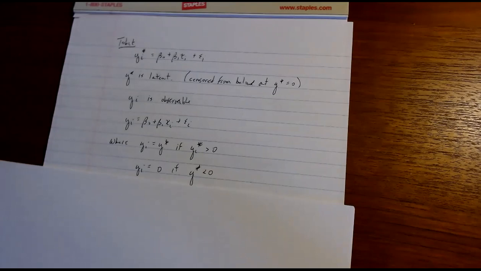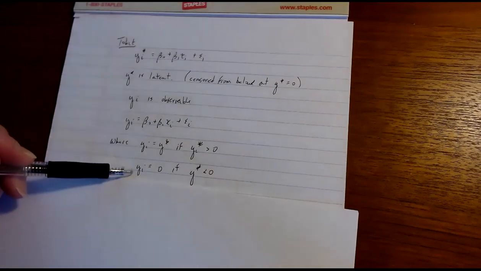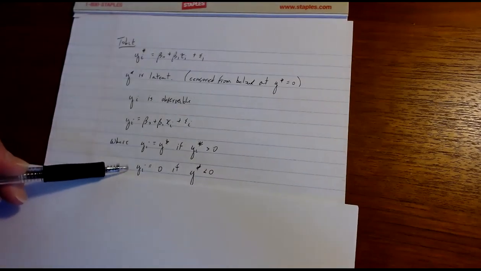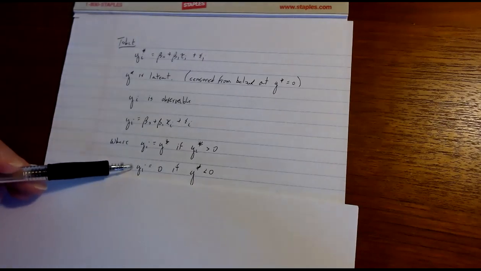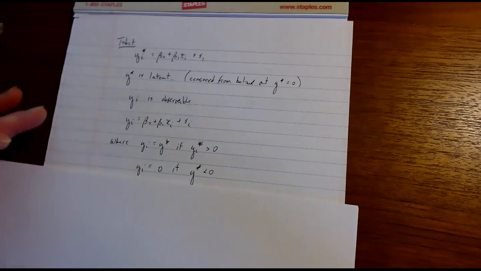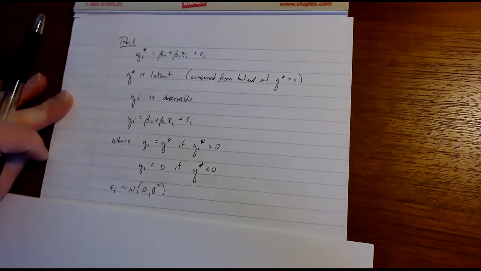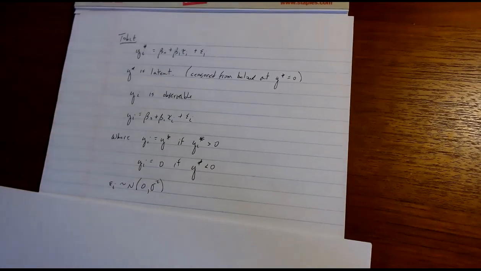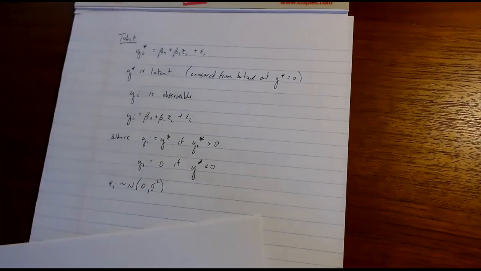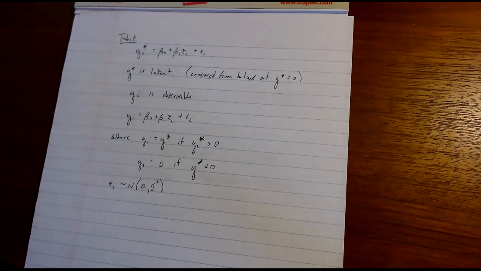And so the thing we observe, y, is an incomplete representation of y star, because there are some values that are censored, we just can't observe them. We assume that epsilon is distributed normally with mean 0 and variance sigma. Okay, and so that's our basic Tobit model.